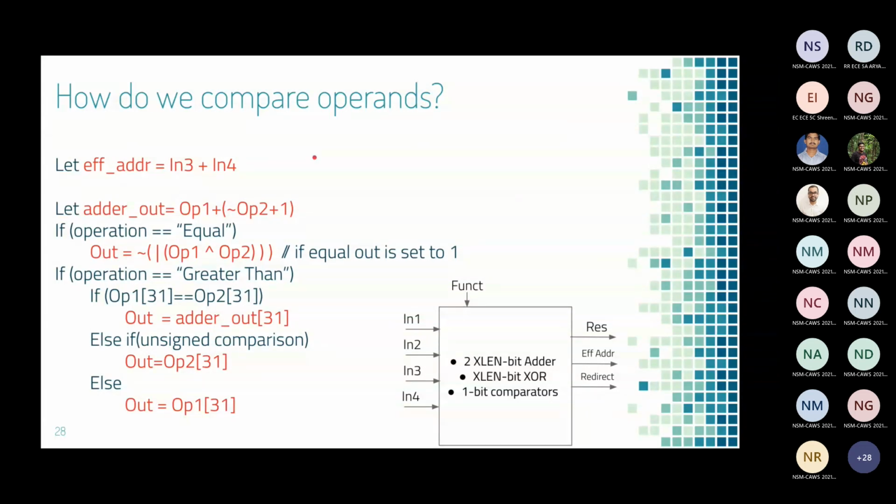Comparators are costly because they involve XOR operations, and the comparators themselves are slightly costlier. What you can instead do is use the adder which already exists because you have an add operation to support. You can use the output of those adders along with some minimal checks in order to detect equal, greater than, or unsigned operations for the branches. You don't need separate comparators. You can overload the adders themselves to perform those comparison operations.